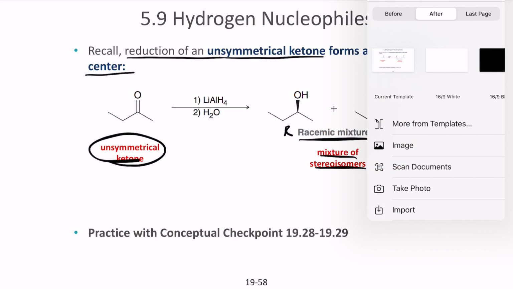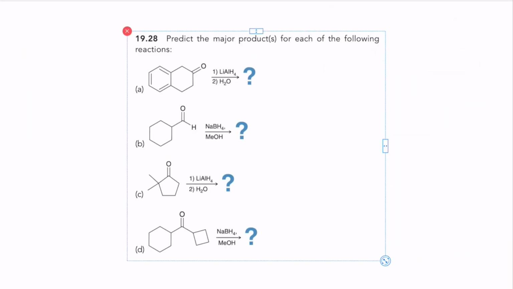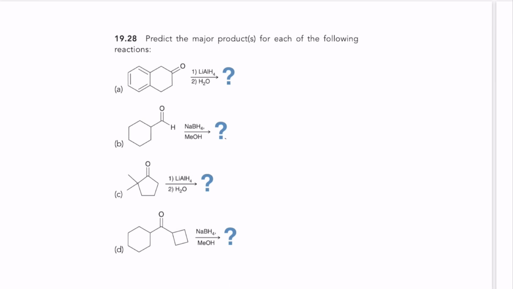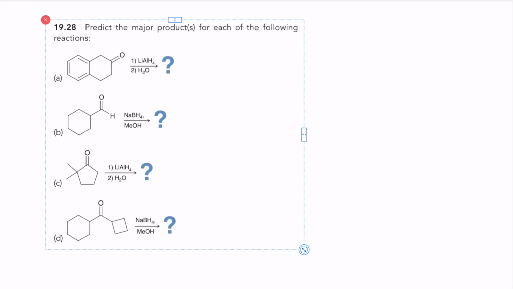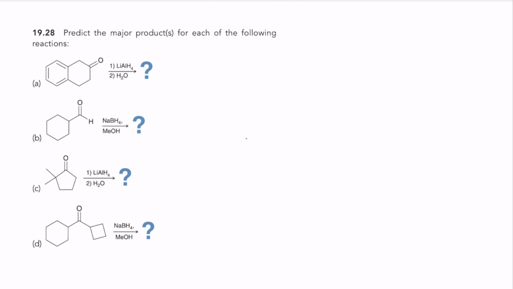So let me give you some more examples so that you can try these on your own. Let me do the first one. In the first one, we are adding LiAlH4. So what's going to happen here? You have a double bonded oxygen.